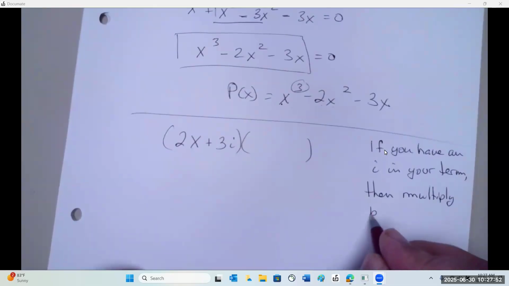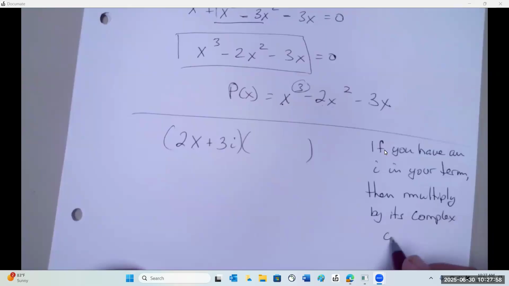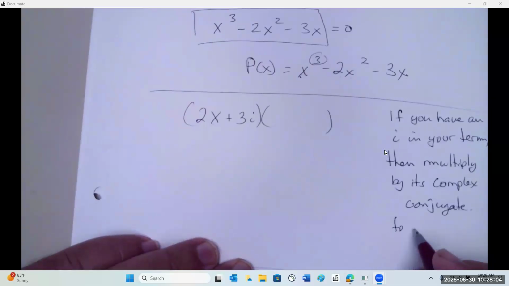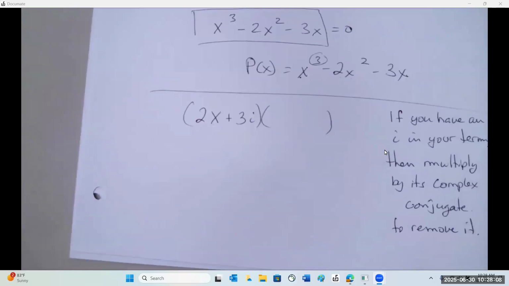Then multiply by its complex conjugate to remove it. What is a complex conjugate? Yeah, it's in your notes.